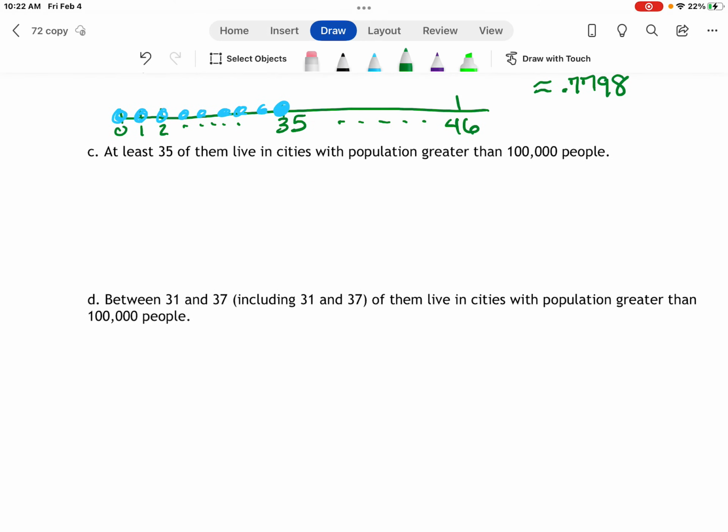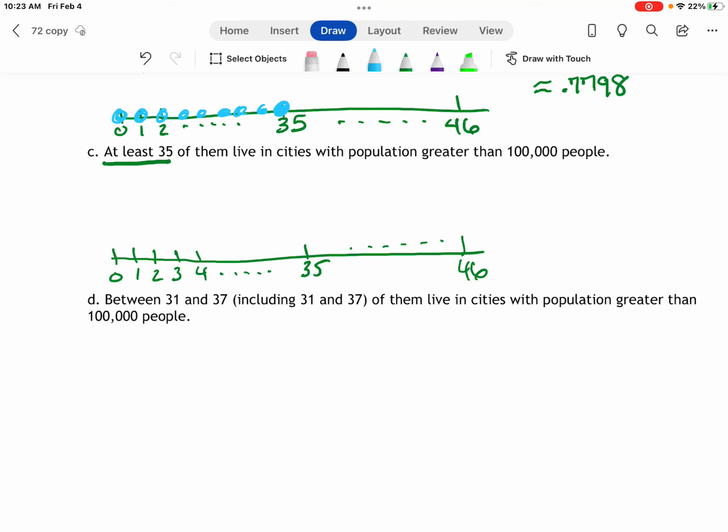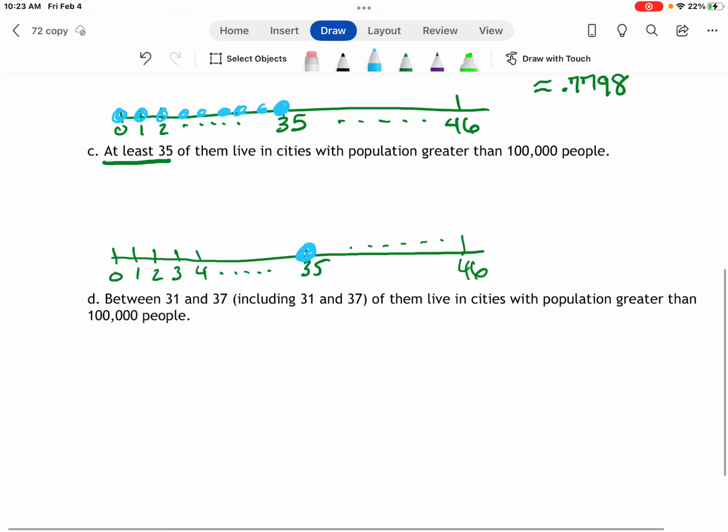Okay. The next example says at least 35 live in cities with a population greater than 100,000 people. So when I look at the number line, I want 35 to be the smallest value because it says at least 35.